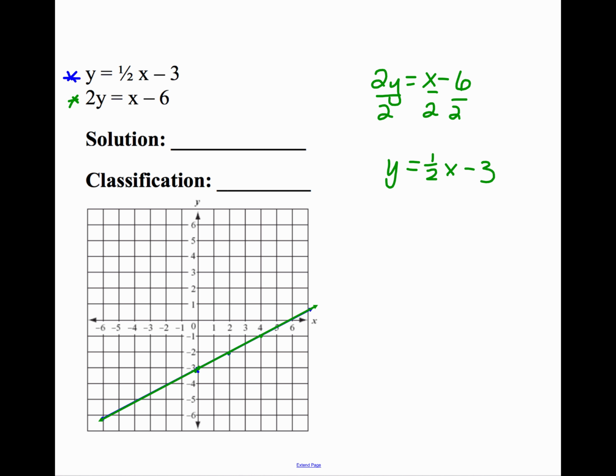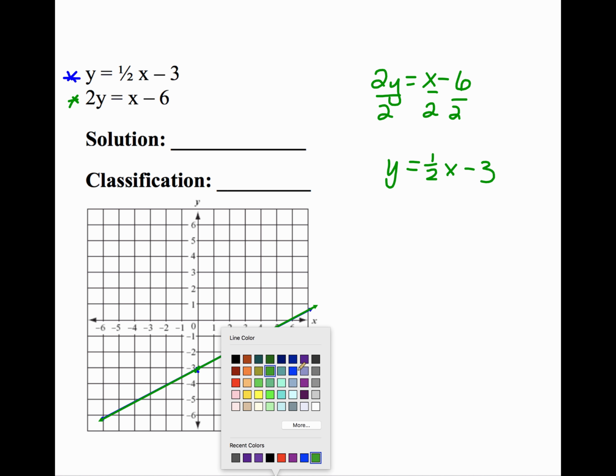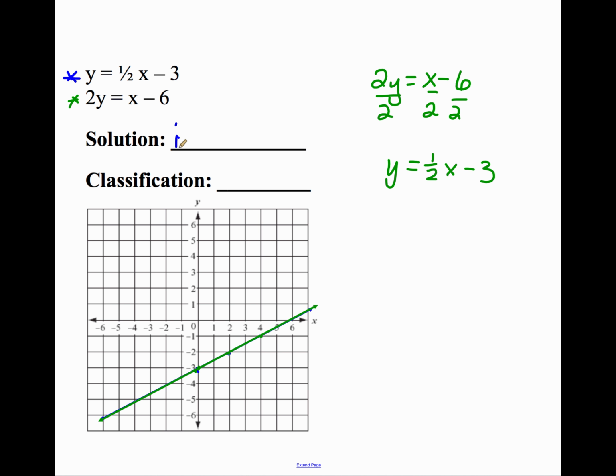Therefore, my solution is I have infinitely many solutions. And therefore, my classification is consistent.